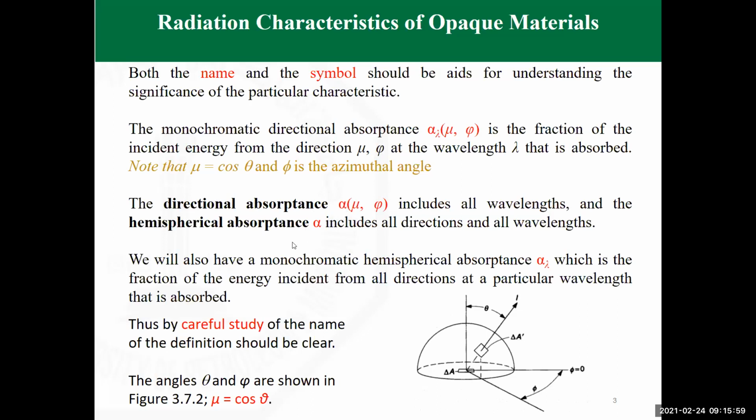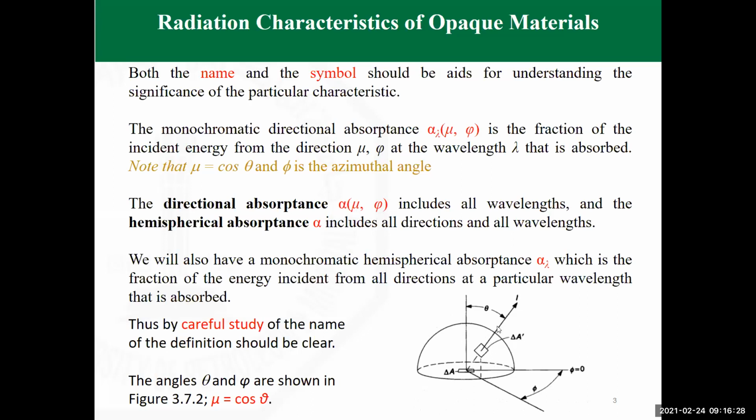It's not only that, but we'll also be dealing with monochromatic hemispherical absorptance. The word hemispherical means that it has been integrated over the two angles, so it does not depend anymore on mu or phi. It's some sort of homogeneous expression over the whole hemisphere, or upper half sphere, as you can see.